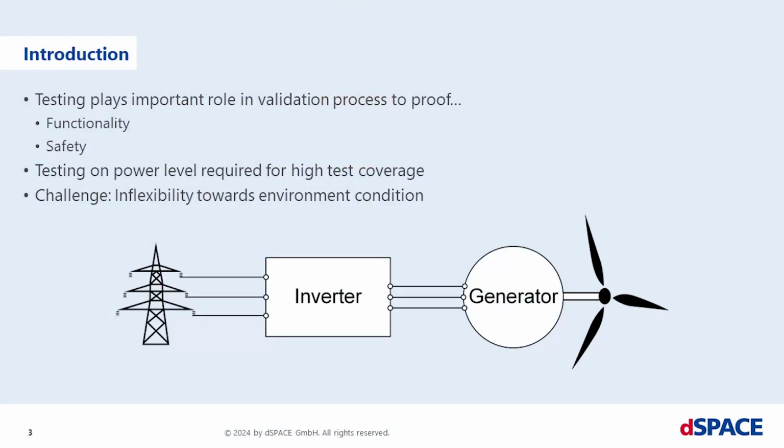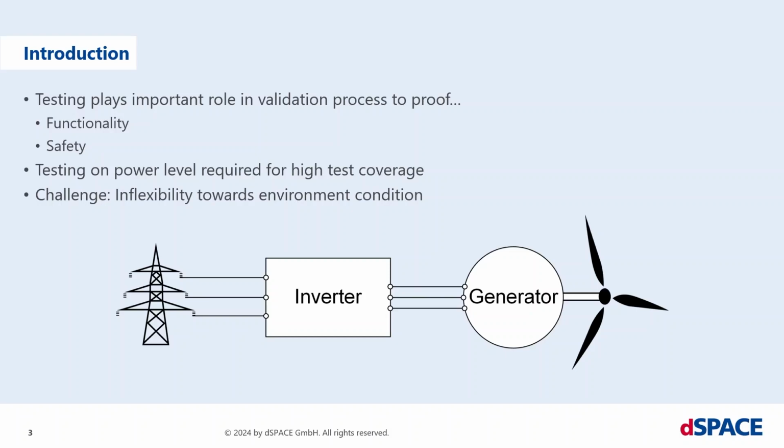So, where can we use Power Hardware in the Loop, or where is it necessary to use this flexible test method? In general, testing plays a very important role in the validation process of power electronics, to prove functionality, such as efficiency, reliability, and you have to make sure that the functions that you're implementing are working. But also safety is a very important reason.